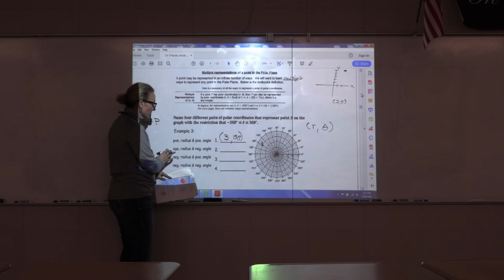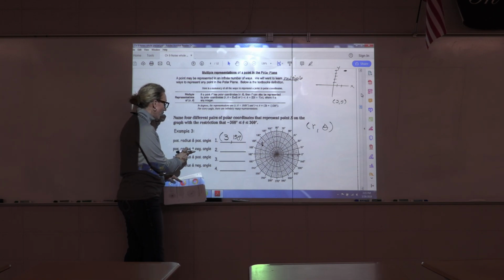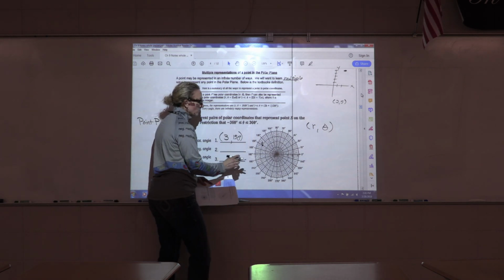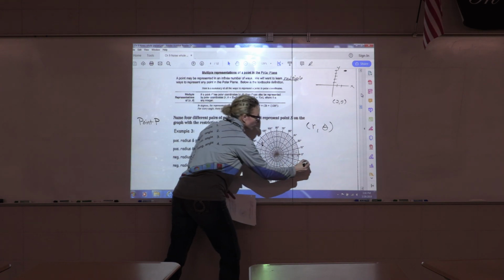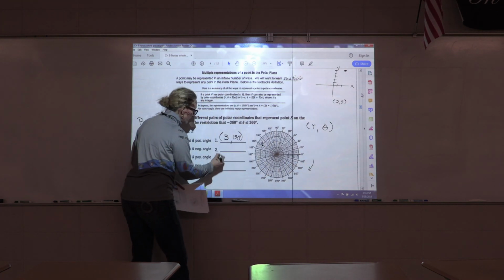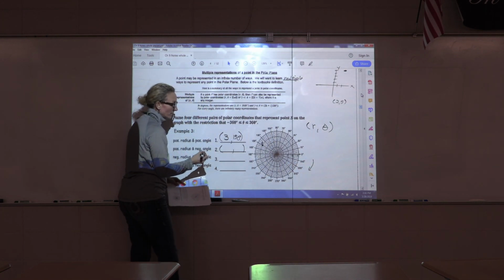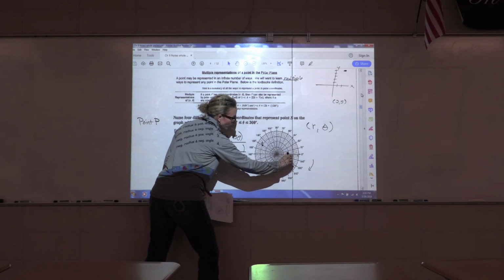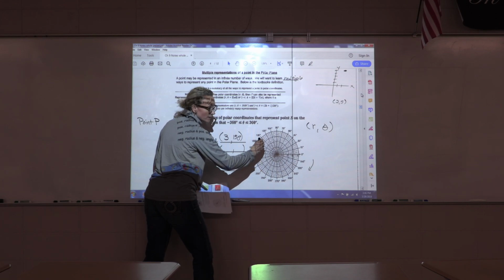Now the next representation is cueing us that we want to still do a positive radius but a negative angle. So now we're going to go that way for our theta. So what is the angle measure that goes from here to here?